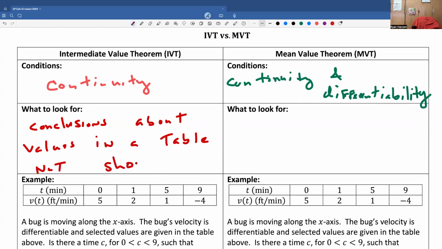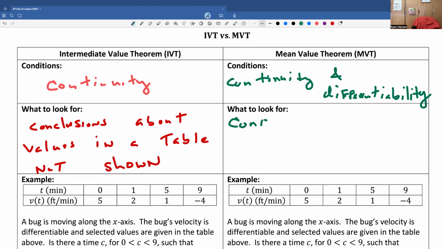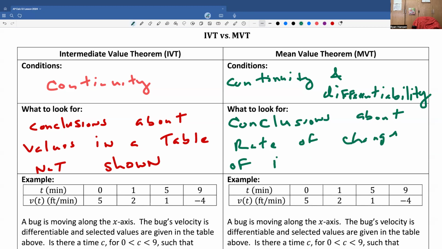Conclusions about values in a table not shown, right? Versus in the mean value theorem, what's a tell on that? Conclusions about, yeah, IROC and AROC, so rates of change, right? Conclusions about rates of change of the function in the table.